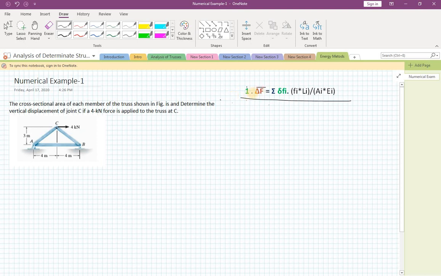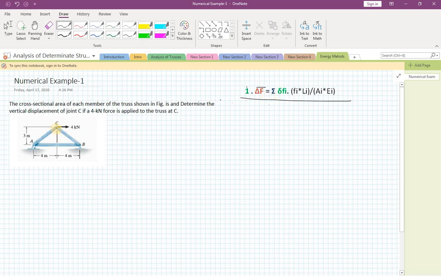Delta F is the value which we want, the vertical deflection at point C. Summation of delta Fi is the force in each member of the truss because of the application of the 1 kN point load at C, and Fi is the force in each member because of this 4 kN. Li is the length of each member, A is the cross-sectional area, and E is the Young's modulus. When we apply this equation to this truss, we can easily find the unknown value of delta F. So now let us proceed.